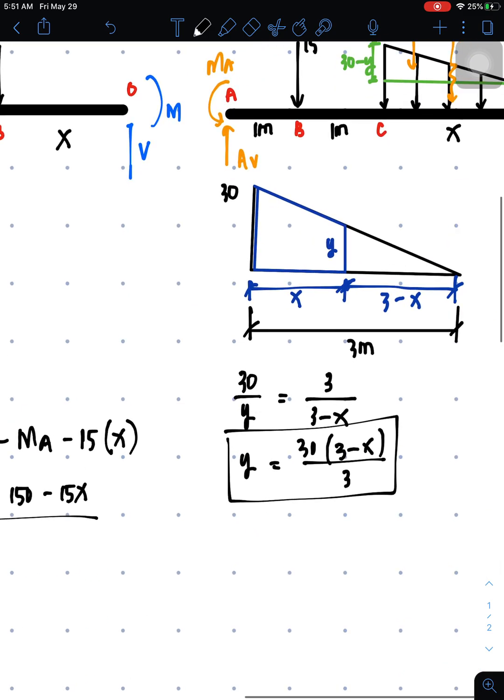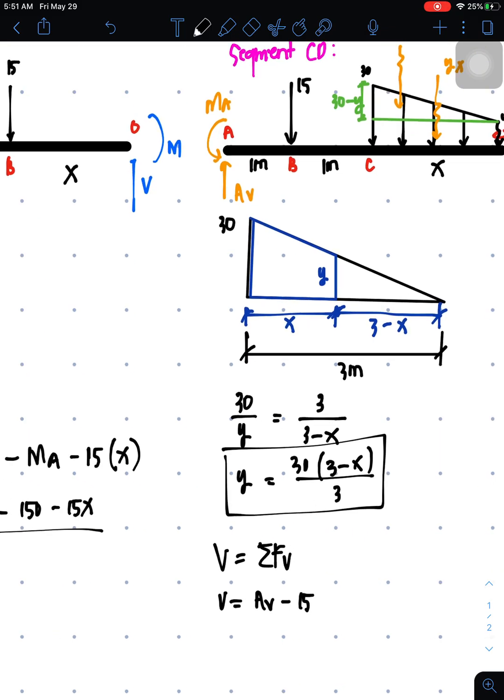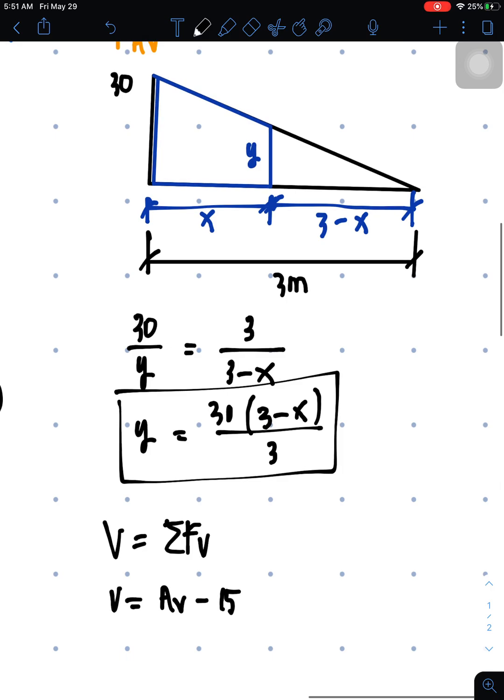Right, so equation for shear, it's going to be summation of forces vertical. You will have V equal to AV upward minus 15. I'm still looking at segment CD. Minus 15, and then minus 1/2 of 30 minus y times x.